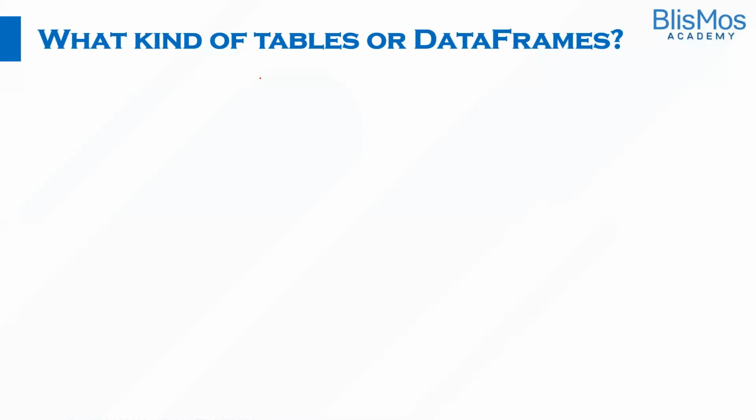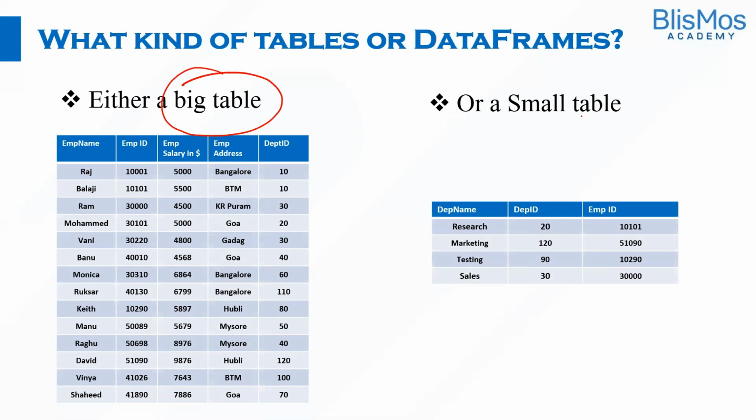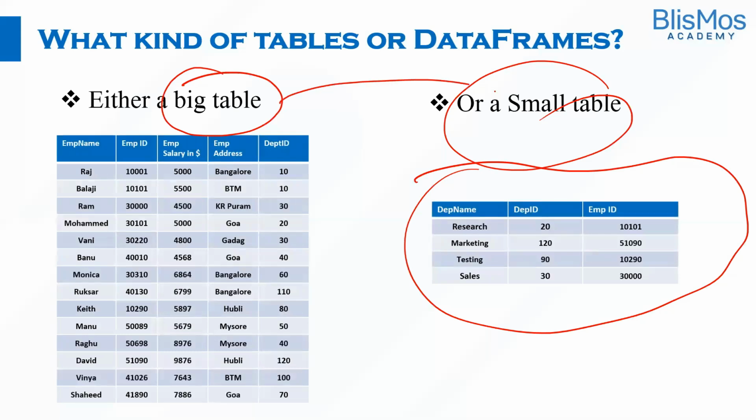If I ask you a question, what kind of tables or data frames would be there in any data engineering project which we are going to be part of? Simple, right? Either we would have a big table or a small table. We are going to combine either a big table with a small table, or a big table with a big table, or a small table with a small table.